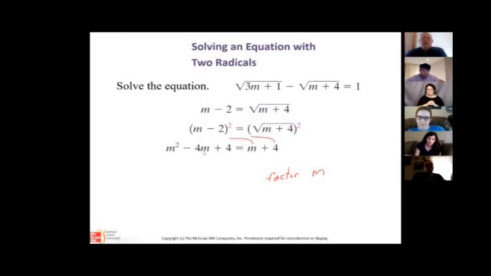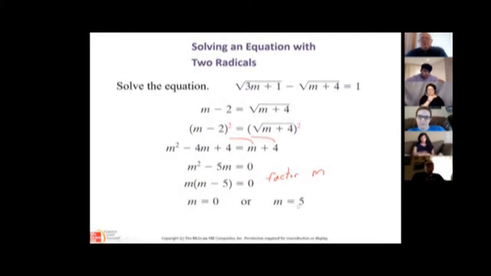Now we take the m and the 4 to the other side, combining like terms, and we get this. We can factor an m out of both of these, giving that. So that gives us values of m equals 0 and m equals positive 5.